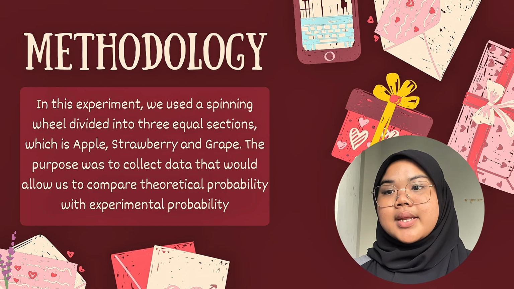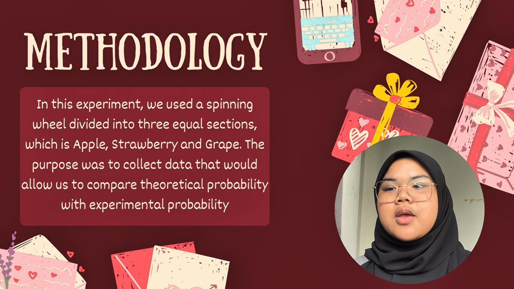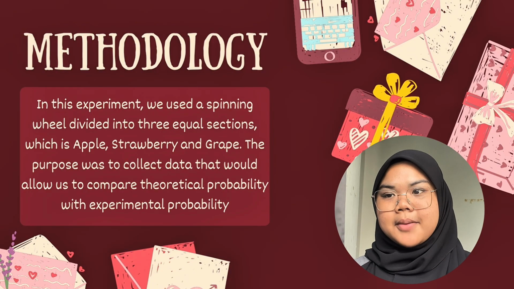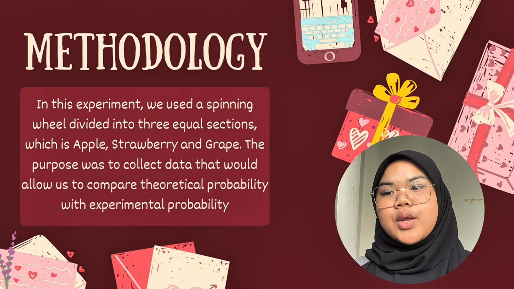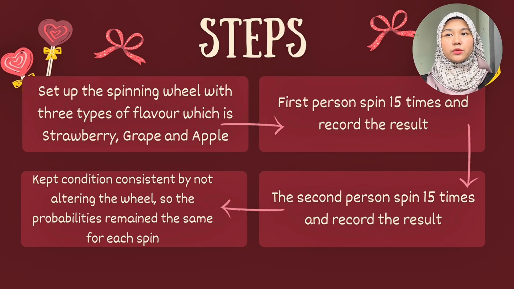Methodology. In this experiment, we use a spinning wheel divided into 3 equal sections, which are flavor apple, strawberry, and grape. The purpose was to collect data that will allow us to compare theoretical probability with experimental probability. For the steps, first, set up the spinning wheel with 3 types of flavor, which are strawberry, grape, and apple.